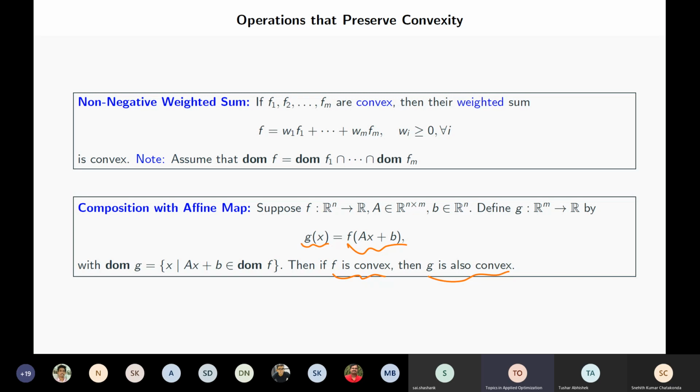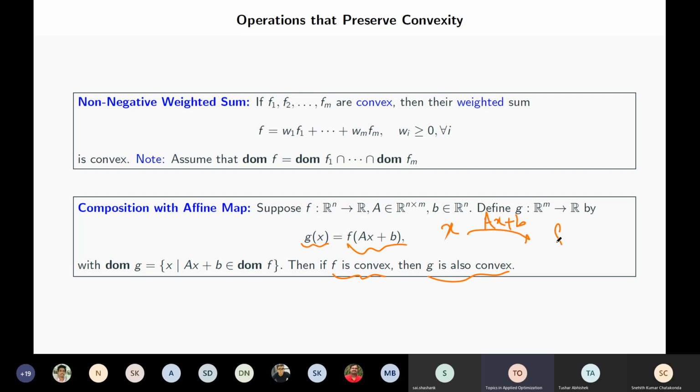Okay, so if I do an affine transform of the convex function, then it remains convex. So in other words, if I'm given an x in some domain and I've done an affine transform, which is Ax plus b, then the function still remains convex.